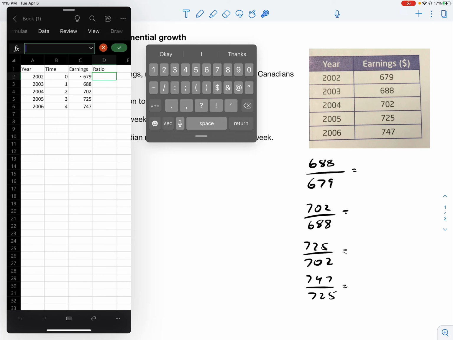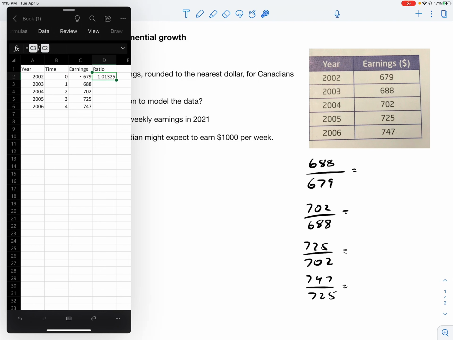I'm going to say, let it be equal to this cell divided by the one just above it. There it is. Okay, that divided by this cell here. And I can enter. And there's the ratio, about 1.01325.